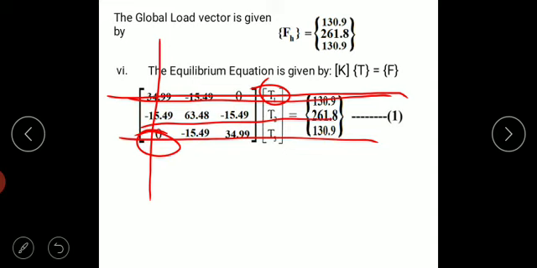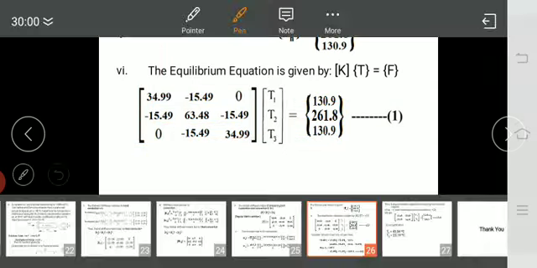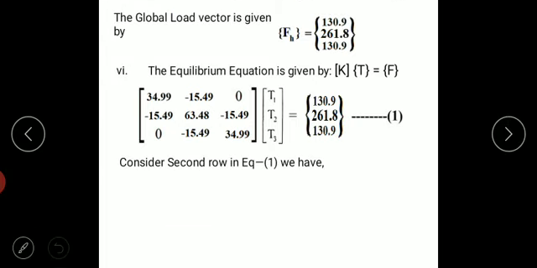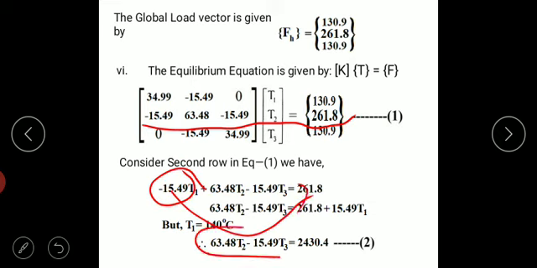I am left with only the second row: minus 15.49 T1 plus 63.48 T2 minus 15.49 T3 is equal to 261.8. Now I know that T1 was 140 degrees Celsius. If I substitute the value here, I'll get equation 2.